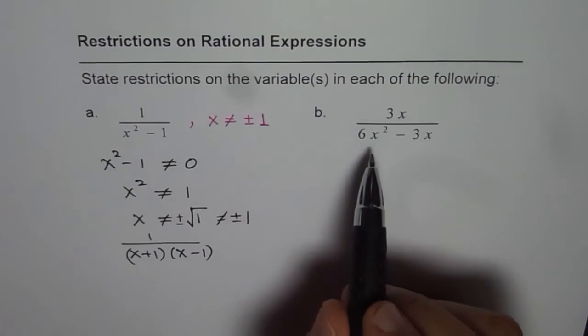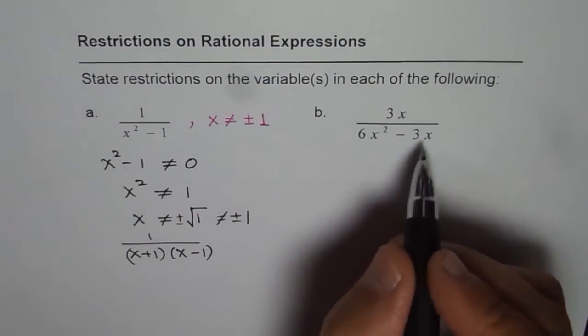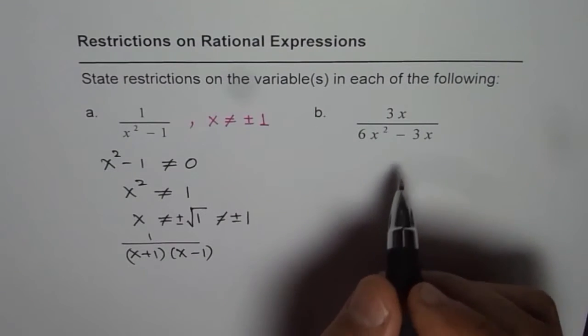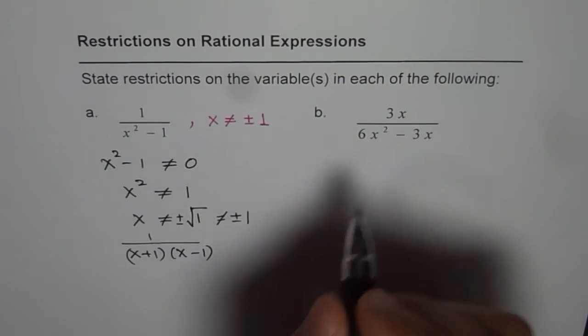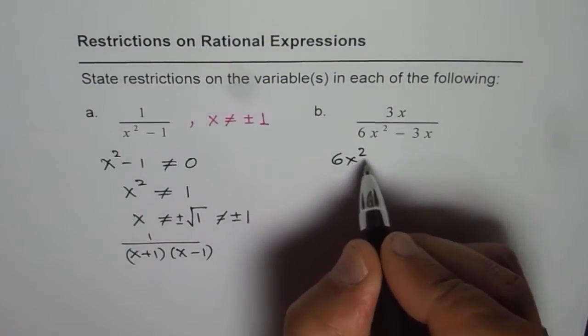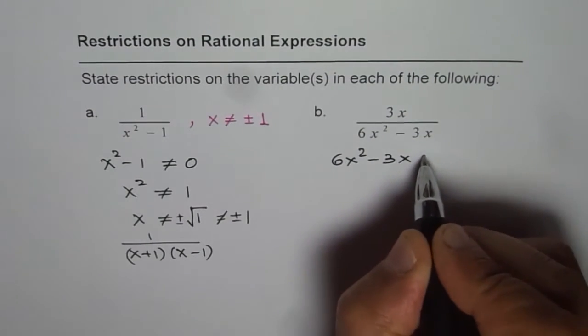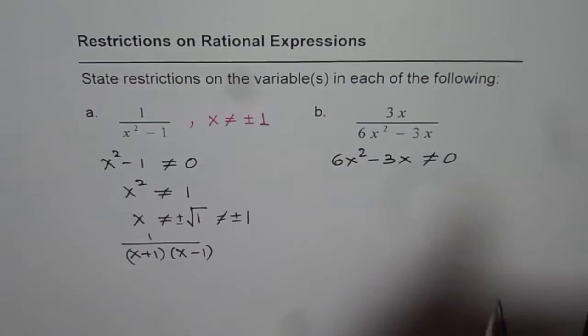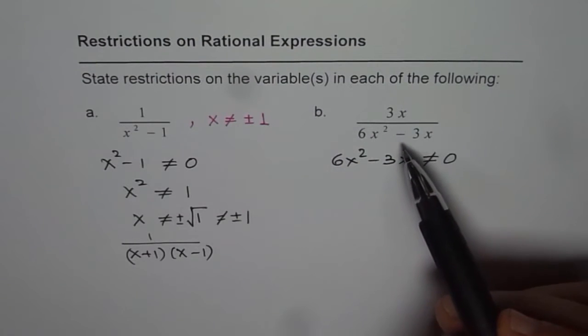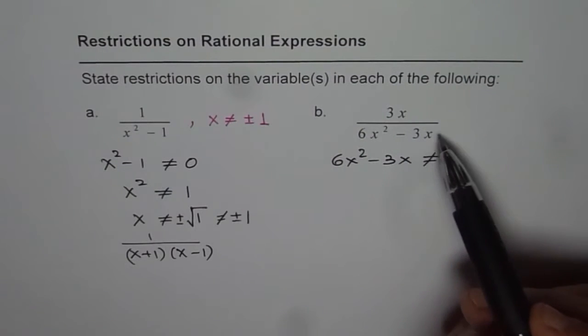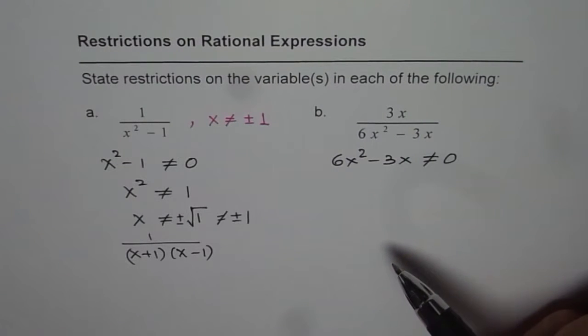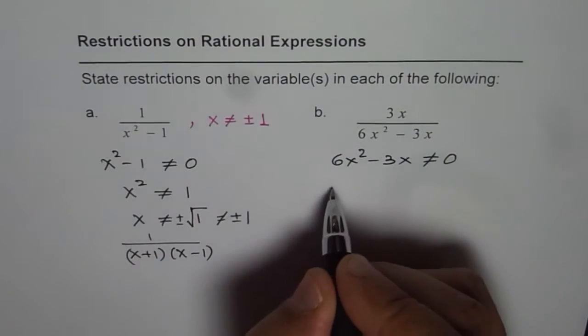So we can factor the denominator, equate it to 0, which will give us the restriction. So we'll write 6x squared minus 3x should not be equal to 0, right? So we see rational expressions are ratios of polynomials and the denominator should not be 0. So now we can factor 3x.